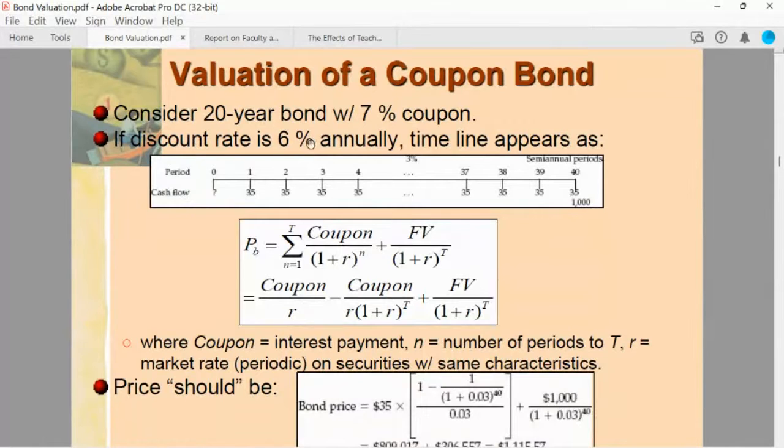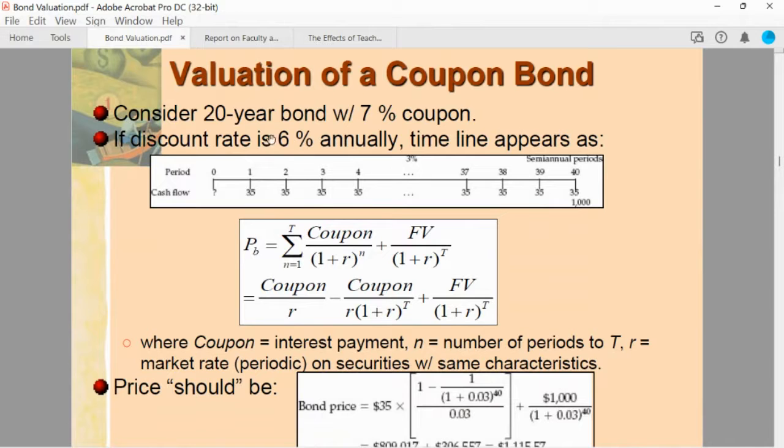Now when it is discounted by 6%, the reason it will become a premium bond is because it is under discounted. If it is discounted by 7%, it will be exactly discounted. If it is discounted by 6%, it will be under discounted, so you will end up with a present value greater than the par value.